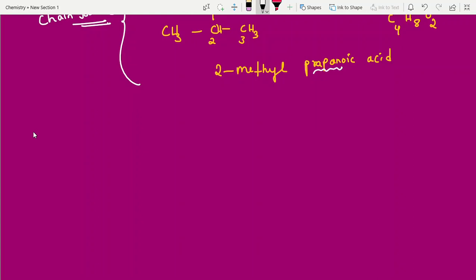Now, next one. I am giving some questions here. Everyone try this one. Another note point. Note point 1 I have written. Note point 2: Alkynes show positional isomerism.